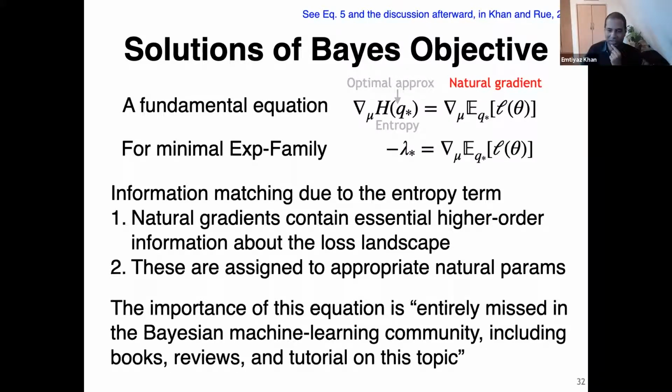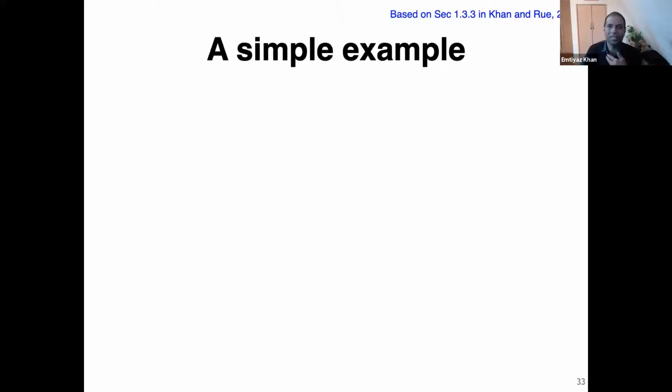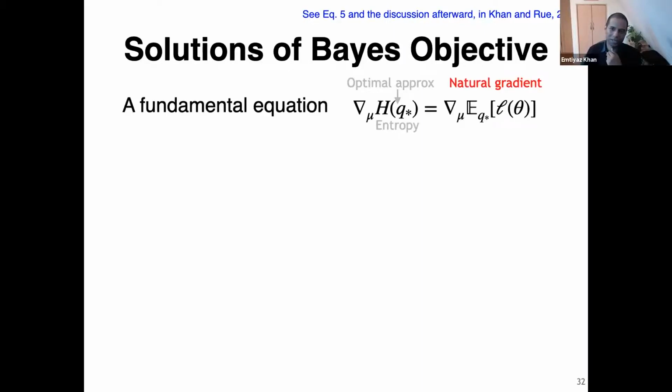Now, this point is repeated again and again in the story. No matter what the loss is, you can choose a distribution that will recover the solution of the machine learning problem, but not only just the solution, but also an algorithm.